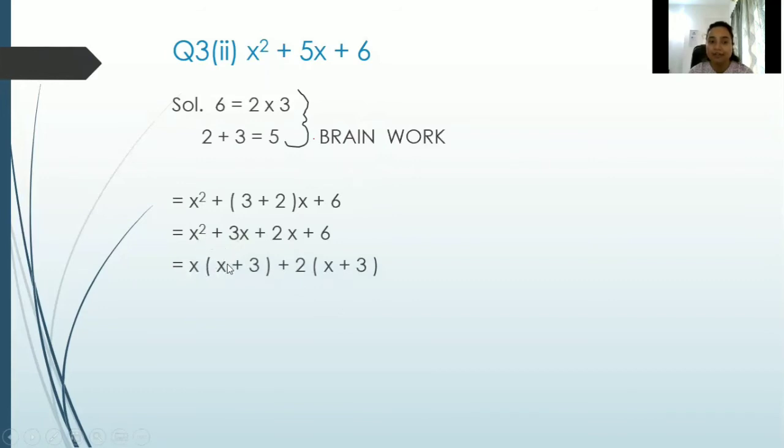So 1 power of x plus 3. Then from 2x and 6, what is the thing that will be common? There is no common variable, right? So in 2 and 6, what will be there? 2. It's out. Then see x plus 3 again common, take them out, and inside only x plus 2 will be there, right? So this is done.